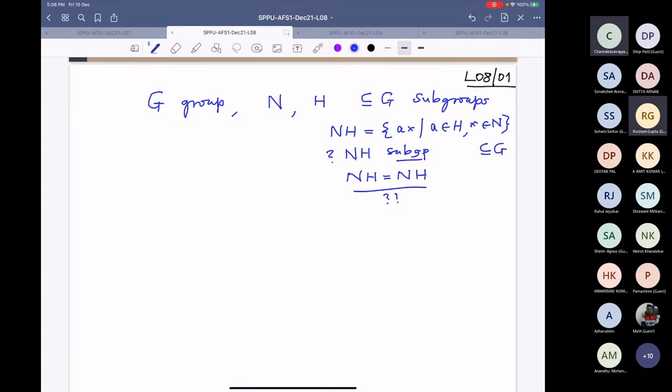Equivalent to saying either N or H is normal in G. If N is normal in G and H is arbitrary, then it's easy to check this condition, or easy to check directly that NH is a subgroup. Let me check once again.